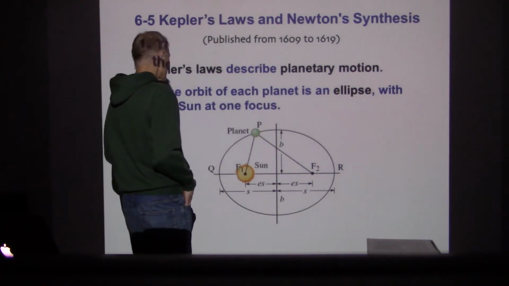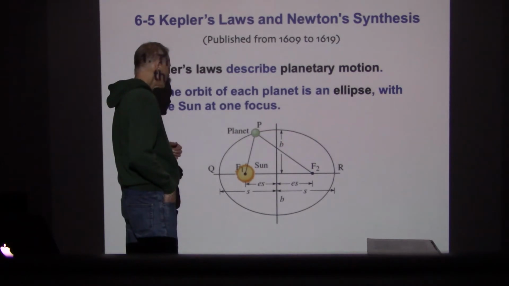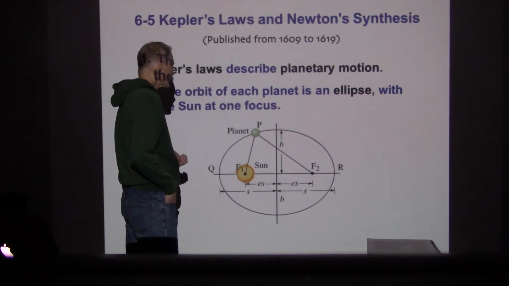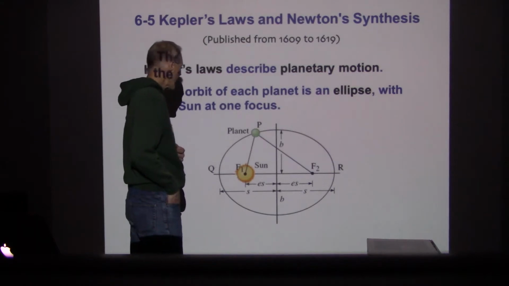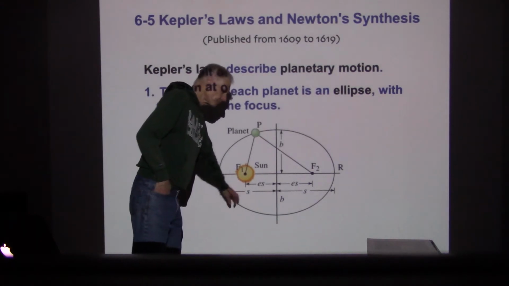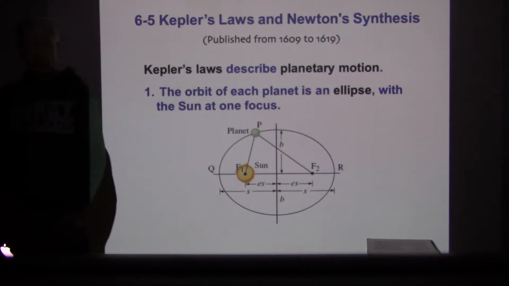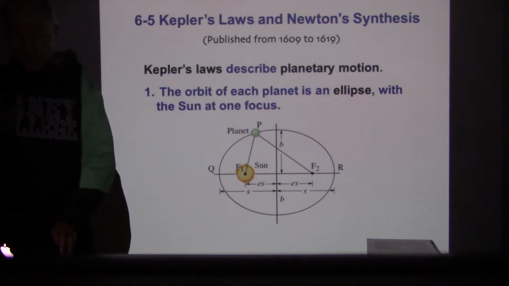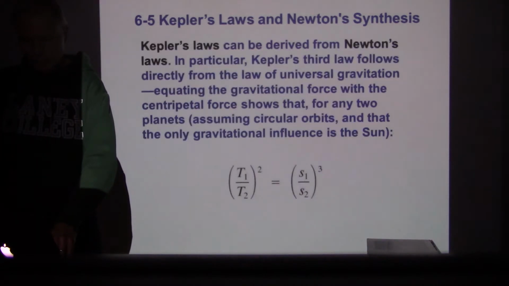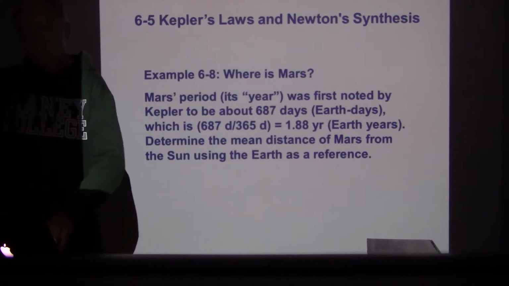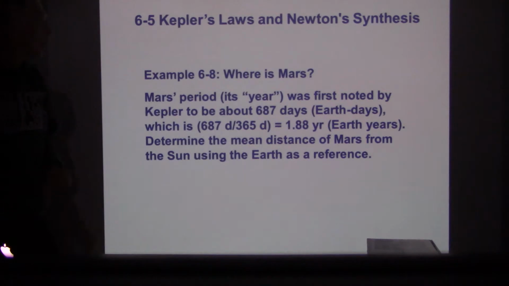So the major axis here would go from Q to R, and a semi-major axis would be half of that. And so Kepler was working in terms of these semi-major axes. Okay, so a little bit of interest, I hope.